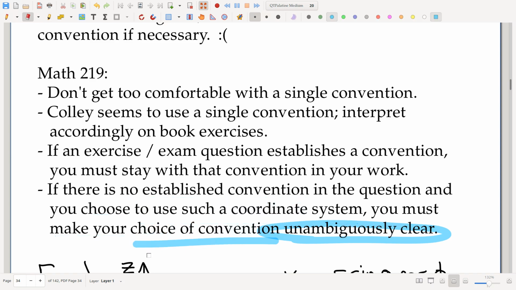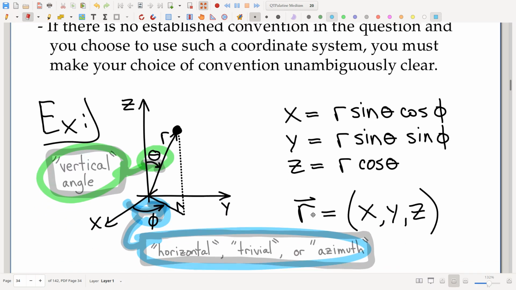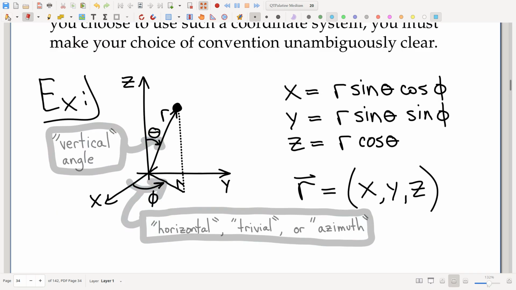Okay. So, by the way, here's how to make it unambiguously clear. For example, you could say r theta phi. The understanding is always that whatever you list first is the name you're giving to the distance coordinate.